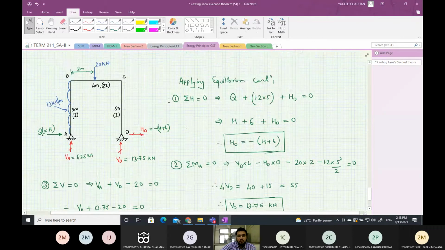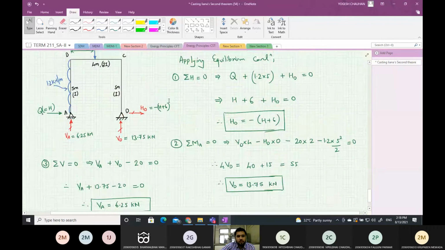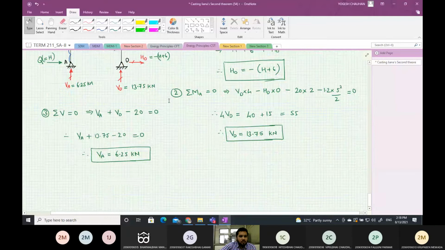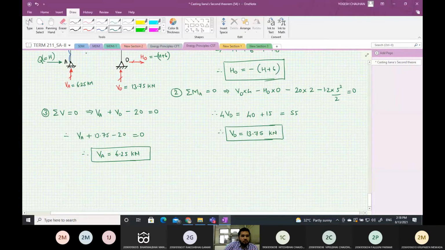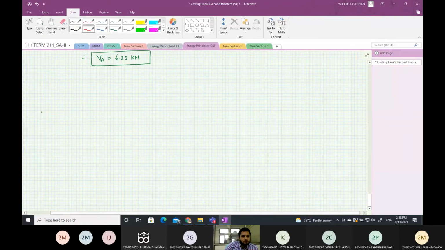So now we can formulate the moment equation. For that, let us make a table: segment, origin, limit, flexural rigidity, and the moment equation.